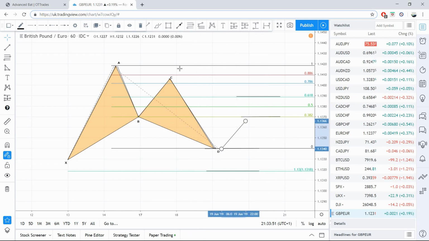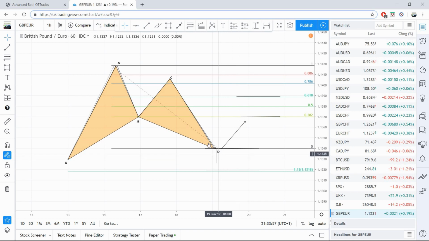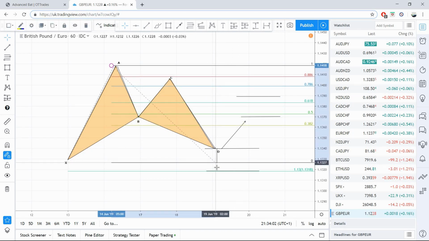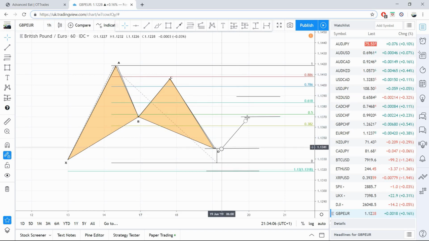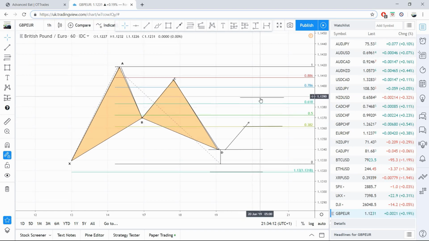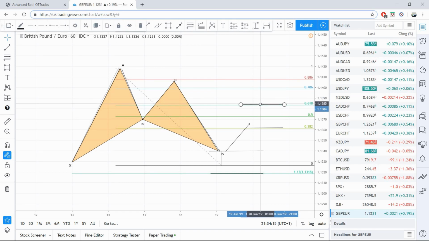So if price does move lower, say we get a wick to the downside here, then conventionally you should extend your fib retracement tool down to the price extreme and alter your targets alongside that. So the lower it goes, the lower your targets will be.